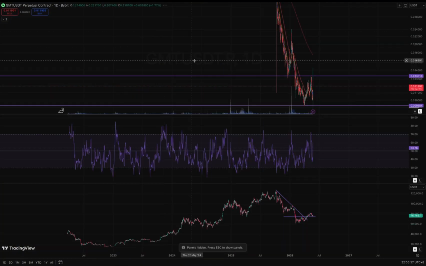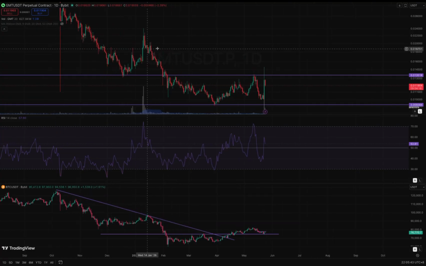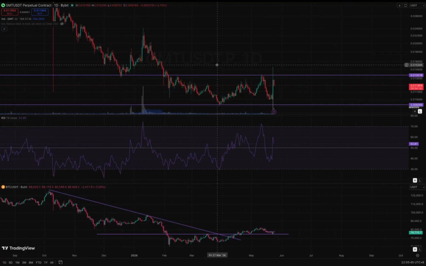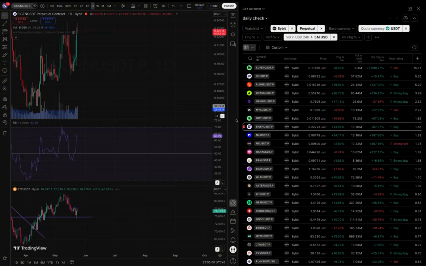And go to daily. Remove these indicators for a while. Okay, so yeah, Eigenlayer.